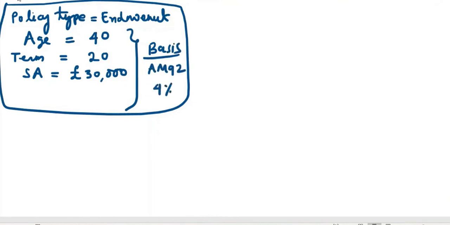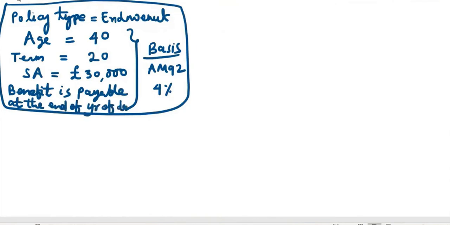So here the benefit is payable at the end of the year of death. This is also something you need to check. For the time being, we'll consider the benefit to be paid at the end of the year of death. Under this, you need to find the premium.